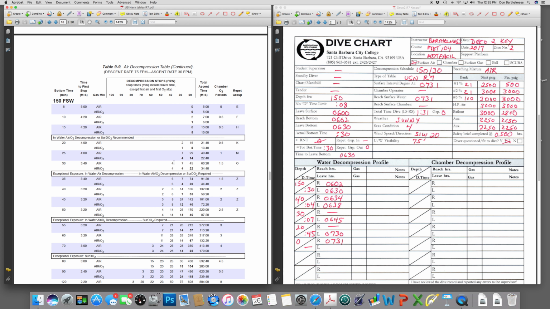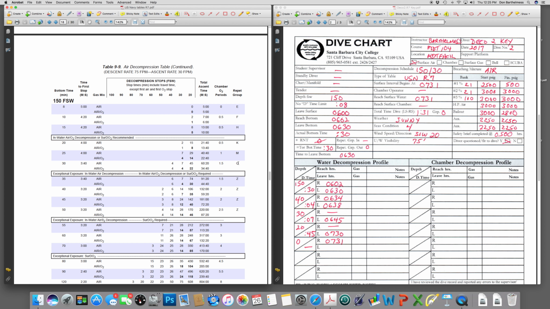We can see that if we do this dive and use in water air decompression, we have to stop at 40 feet for 4 minutes, 7 minutes at 30 feet, and 45 minutes at 20 feet, and then we can come directly to the surface without running the risk of having decompression sickness.